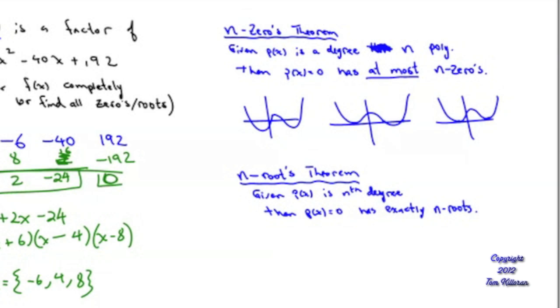So we have the remainder theorem, which is really nice. We have the factor theorem, which allows us to break things down. We have these N zeros and roots theorems that tell us exactly how many we're looking for, or at least a maximum number. That leads us into the rational root theorem.